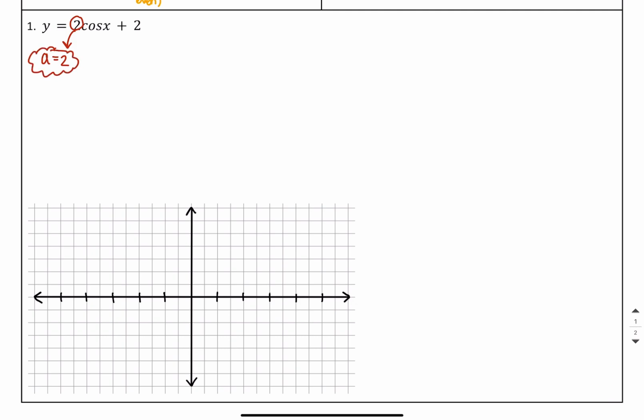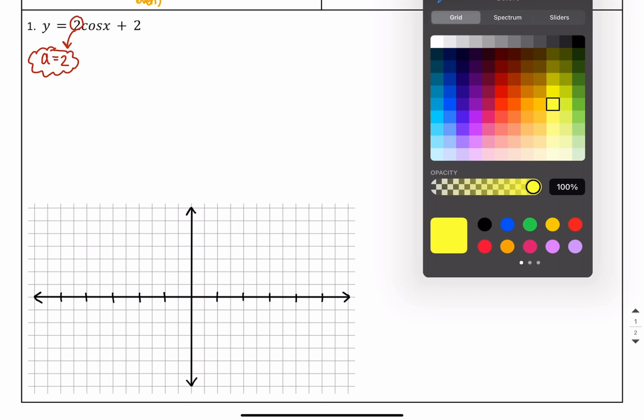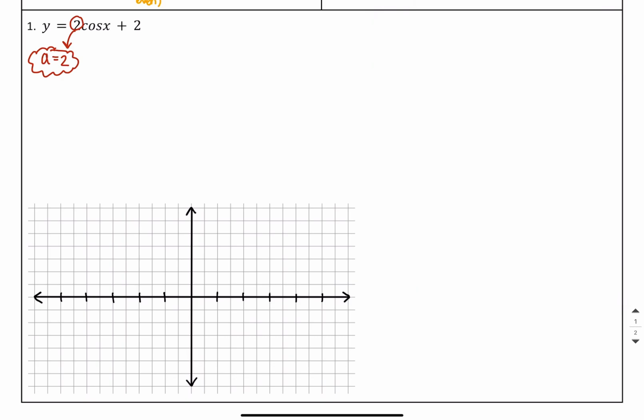Then in front of the x inside of the function, I see a 1. So I know the period is going to be 2 pi divided by the absolute value of 1, which is 1.